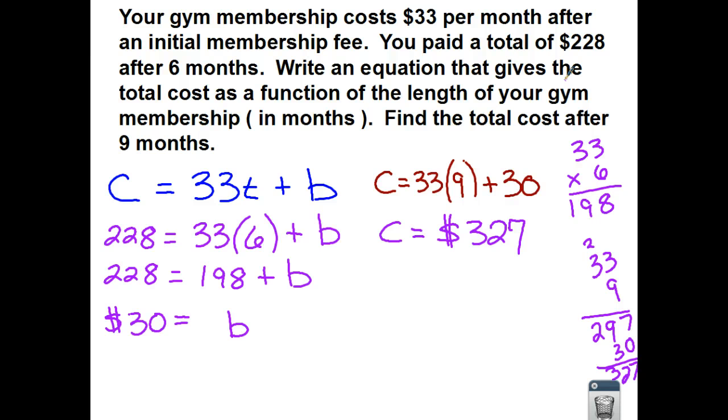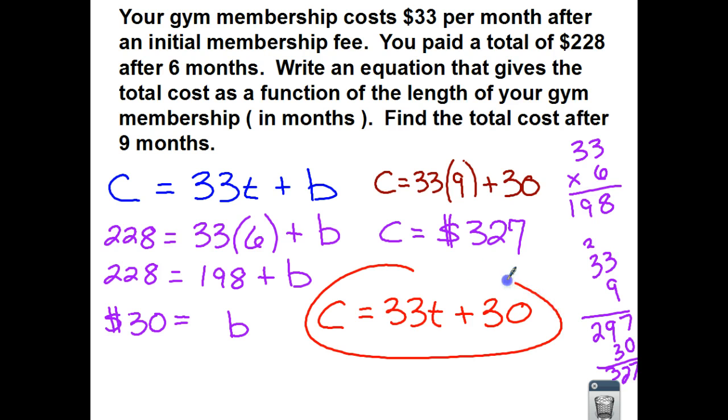No, we need to finalize that portion and say the total cost C is equal to 33 multiplied by the amount of months added to the initial starting fee of $30. So we have the equation that we needed, and we had the cost after 9 months. And you could put that cost after 9 months into a sentence answer.